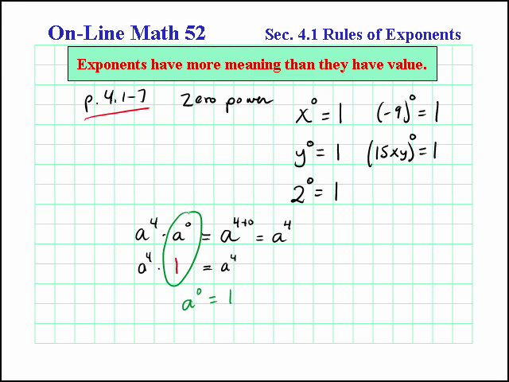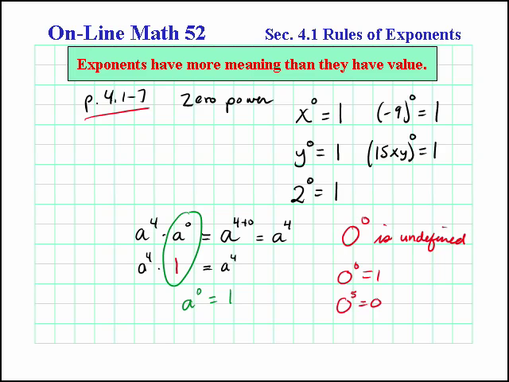Oh, by the way, there is one exception to all that. 0 to the 0 power is undefined. We can never have 0 to the 0 power. And the basic reason is this. We've been saying here that anything raised to the 0 power is 1, but we also earlier mentioned that 0 to any power, like 0 to the 5th power, equals 0.